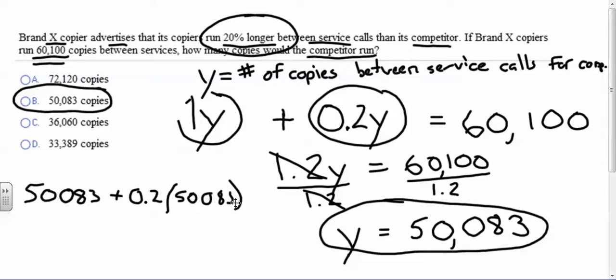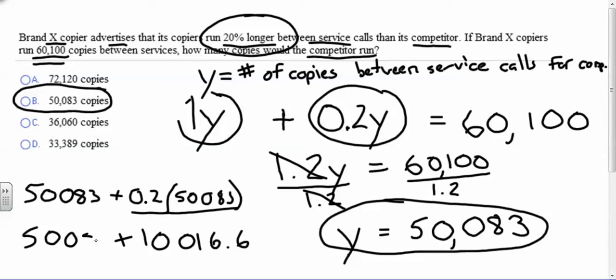So 50,083 times 0.2 gives you roughly 10,016 or 17. And then you add that to 50,083 and you get 60,099.6. So again, this value right here will give you 10,016.6.